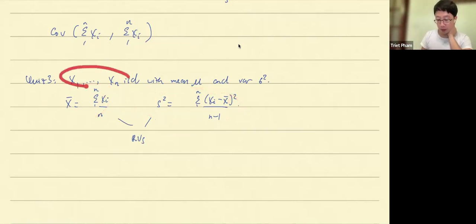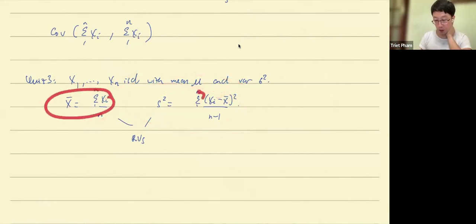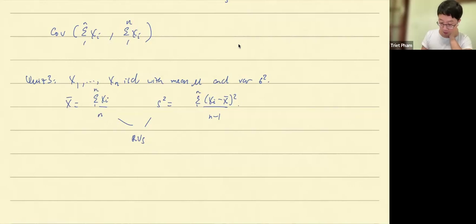But if you consider their behavior before data is collected, they are random variables, and statistics always deals with them as random variables. So if they're random variables, of course you can ask for their variance and their, let's say, expectation. Okay, so let's see if we can calculate this.